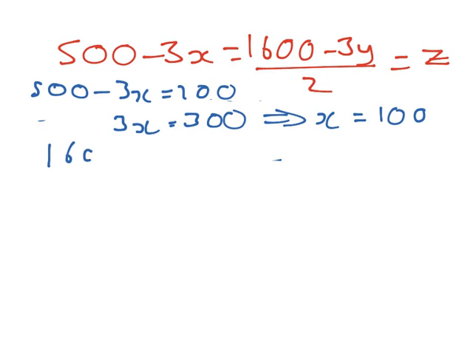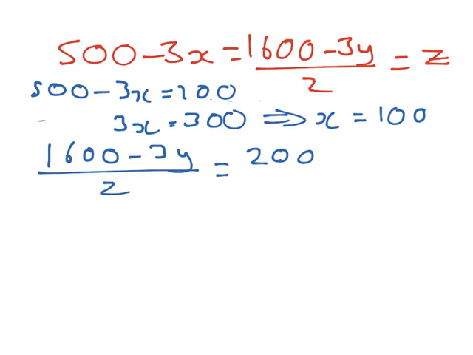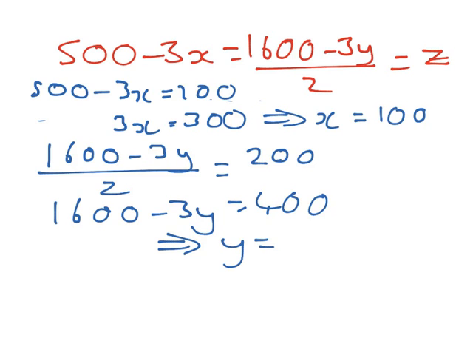Well, that will give me (1,600 minus 3y) over 2 equals 200. That was our z value. So that's 1,600 minus 3y equals 400. So that implies that y equals (1,600 minus 400), which is 1,200, divided by 3, 400.